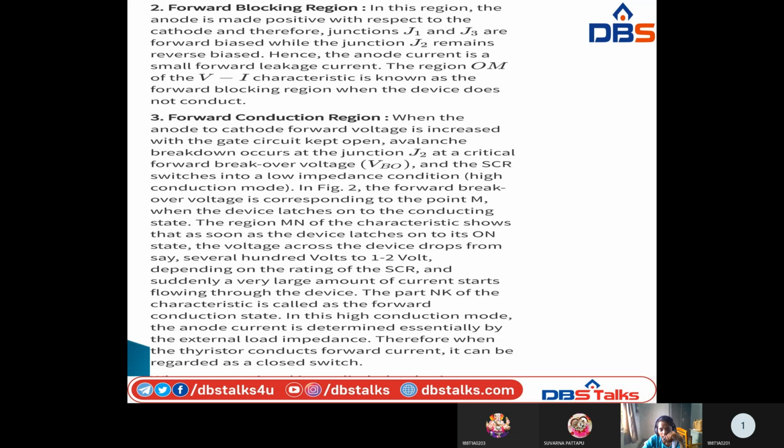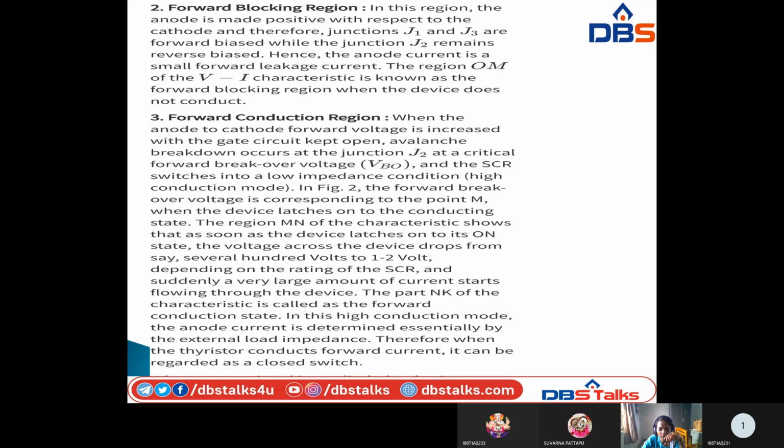So in the forward conduction region, when the anode-cathode forward voltage is increased with the gate circuit kept open, avalanche breakdown occurs at the junction J2. At the critical forward breakover voltage VBO, the SCR switches into low impedance conduction. Okay. So at forward breakover voltage corresponding to point M, the device launches into conduction.